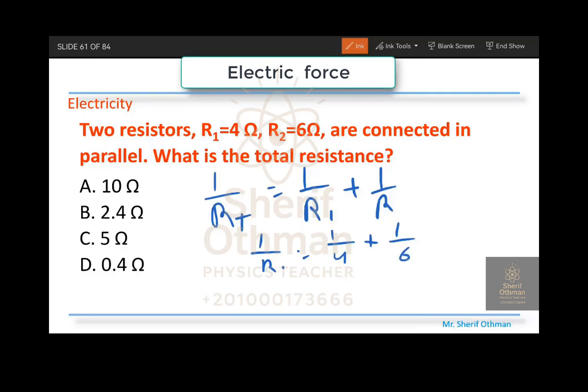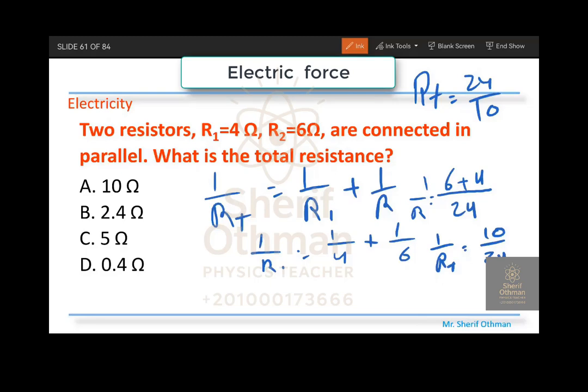So that means 24 as the common denominator: 1 over R total is equal to (6 plus 4) over 24. So 1 over R total will be 10 over 24. So our total, the reciprocal of both of them, will be 24 over 10, which is 2.4.